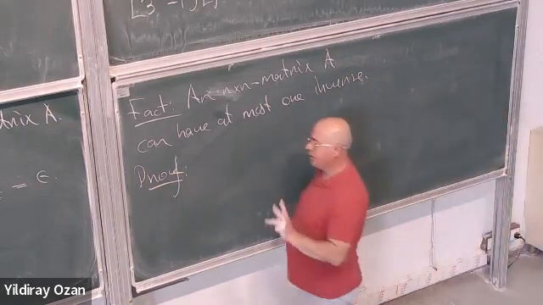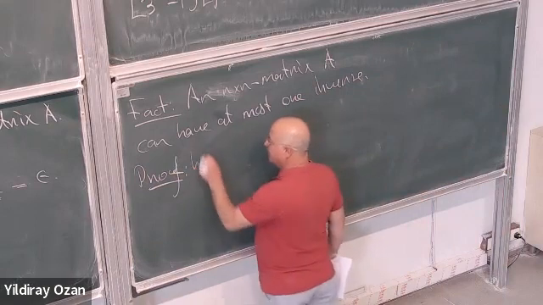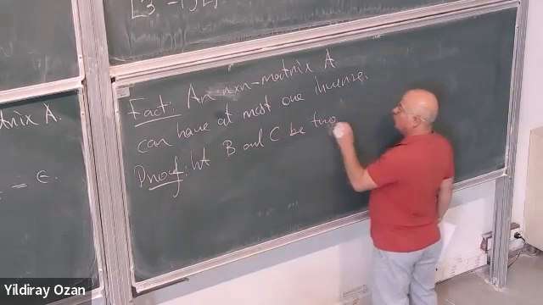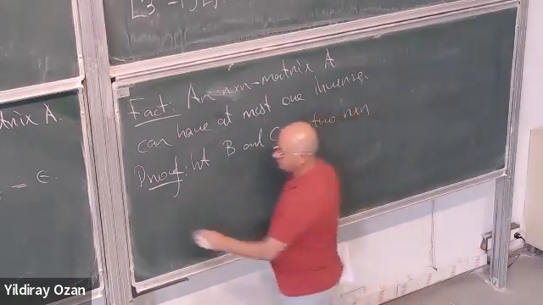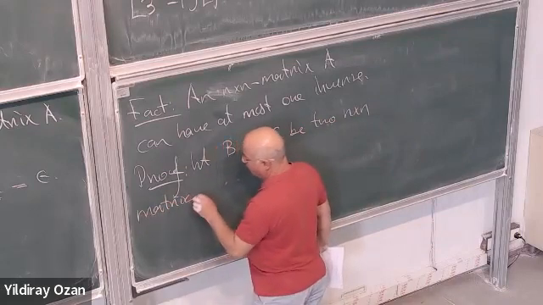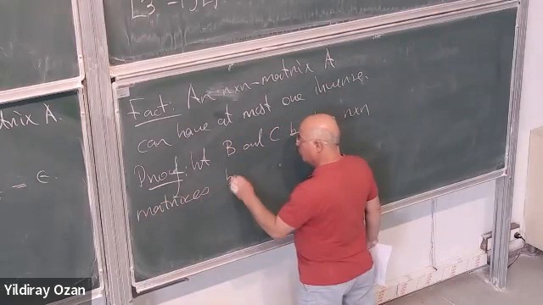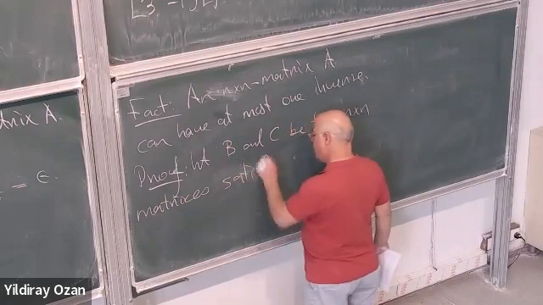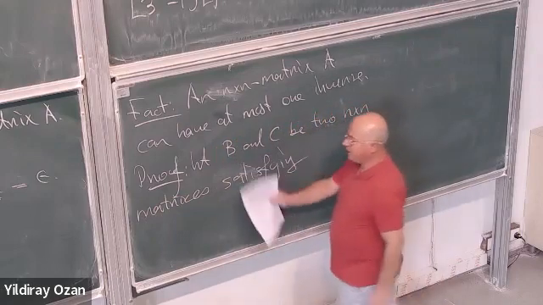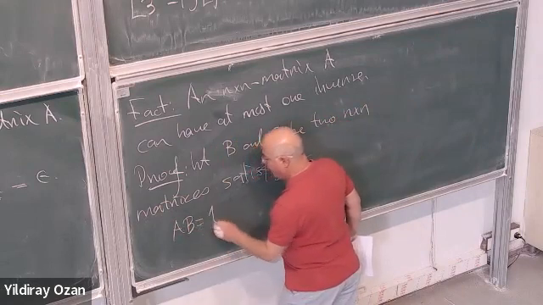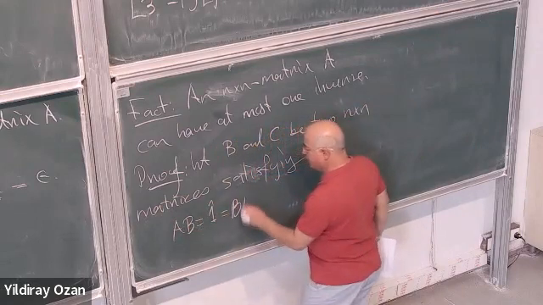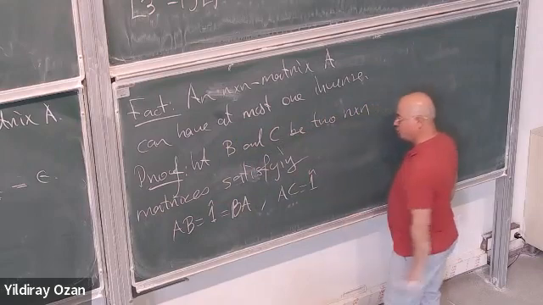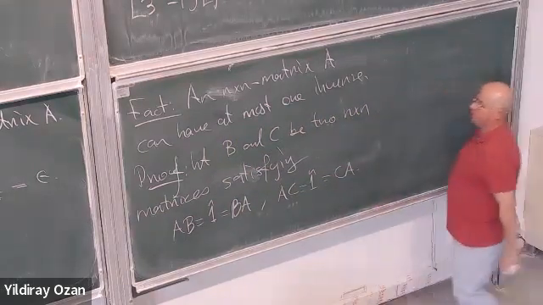Let's assume that there are two inverses. Let B and C be two n by n matrices both satisfying: B is an inverse, so A times B should be identity, and B times A should be identity, and C is also an inverse, so A times C should be identity, and C times A should be identity.